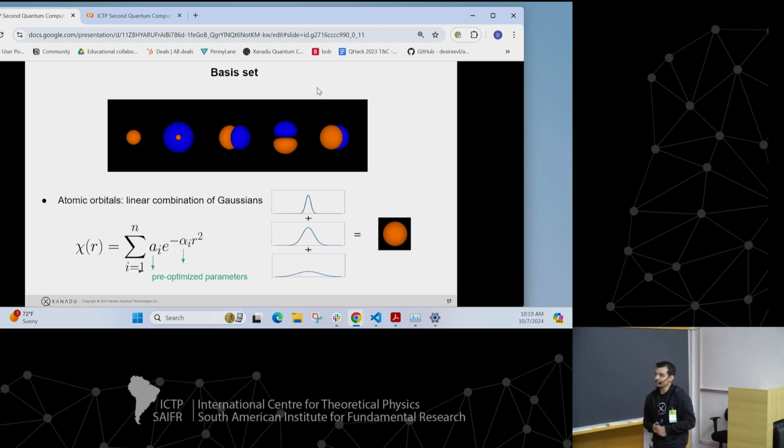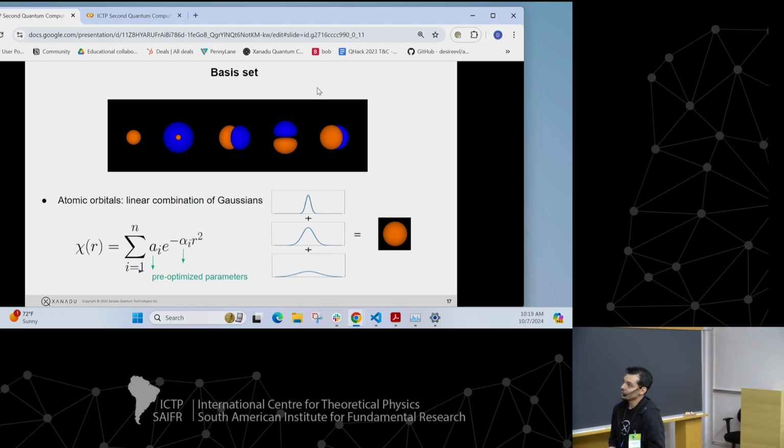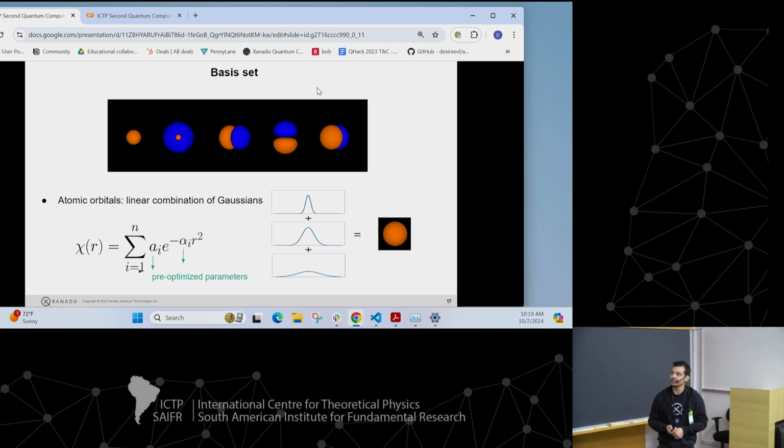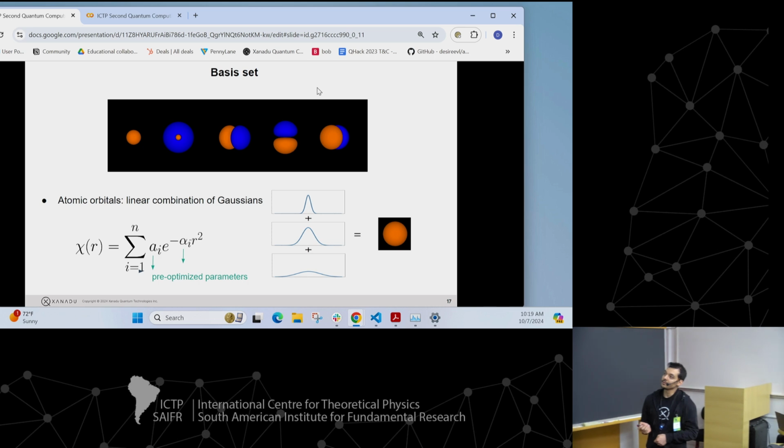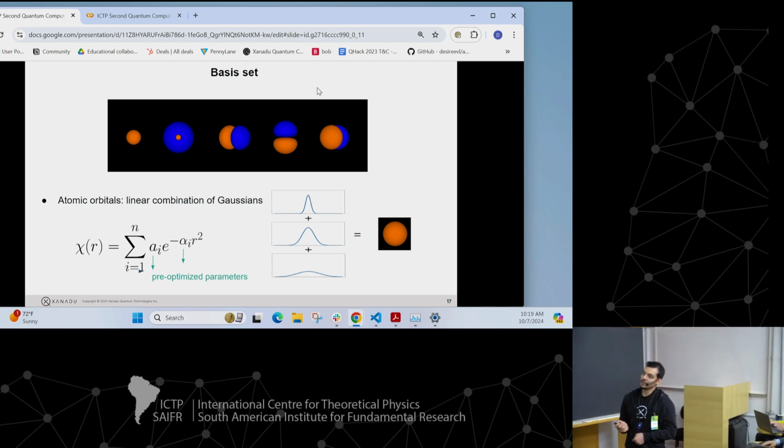So in practice, what this looks like is if you have just simple atoms, you can approximate the distribution of probabilities, or your wave function, as a superposition of some kind of basis function. In practice, to make the computation efficient, you take it as a linear combination of Gaussian wave functions.